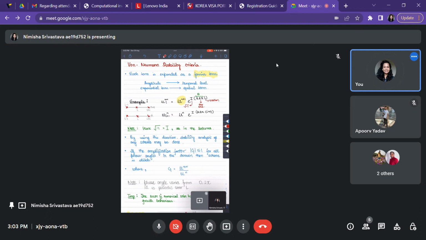Fourier term, where this is the temporal level, and this is the spatial level. So in the spatial level, I'll just erase these so that I can write it again. It's similar to how we denote our complex numbers.